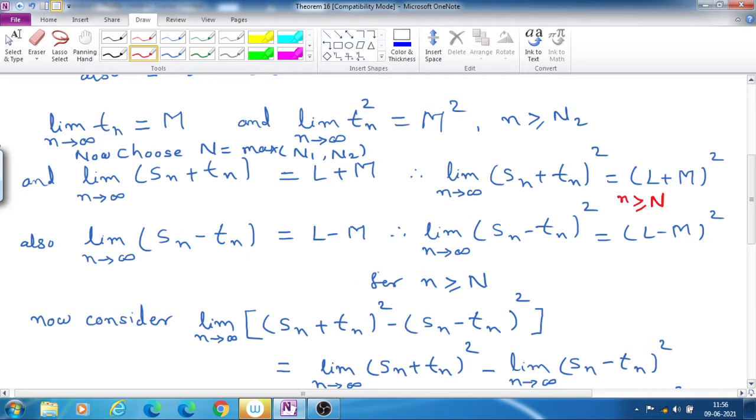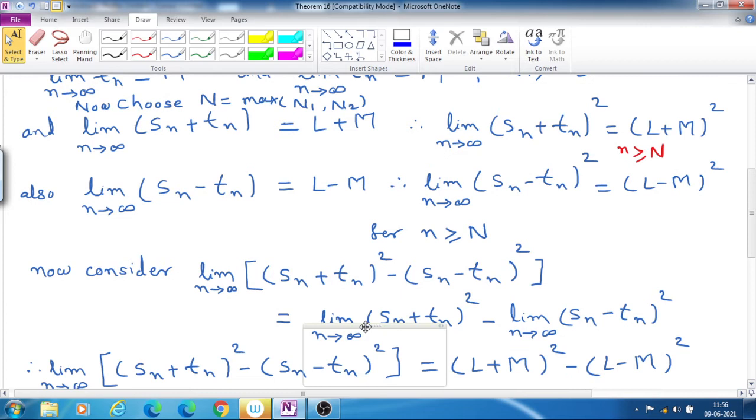So now we have to show the limit of Sn into Tn. For that we use these two values. Limit of (Sn plus Tn) square minus (Sn minus Tn) square.